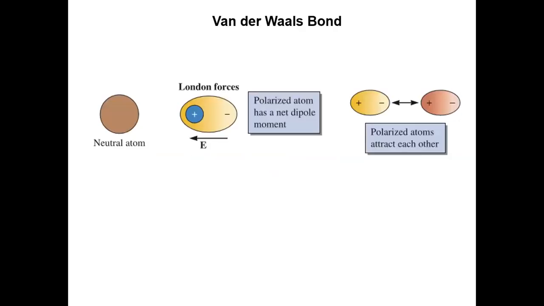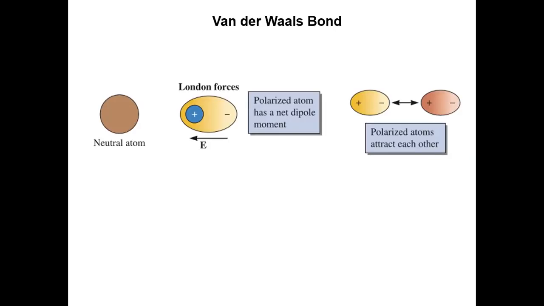So the next one we call van der Waals bonds. There is no electron sharing or release of electrons in van der Waals bonds. What happens is, if there is a neutral atom, that means without any valence electrons, right? When it meets another similar atom, there will be what we call polarization.